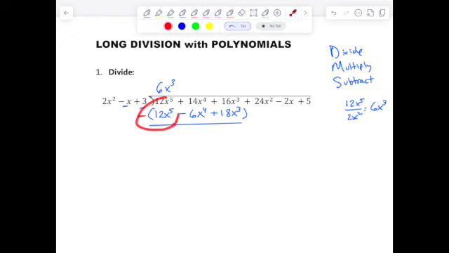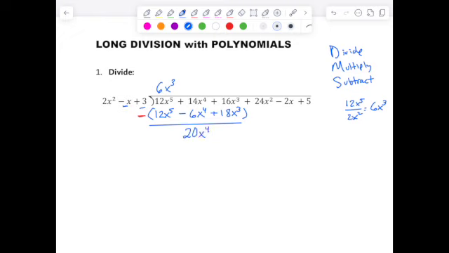Now these two terms should cancel out. 12x to the 5th minus 12x to the 5th is 0, so don't bother writing anything there. Now just be careful right here. 14x to the 4th minus negative 6x to the 4th. That's really going to distribute that negative, right? And the minus negative is really a plus. So what you get here is 20x to the 4th.